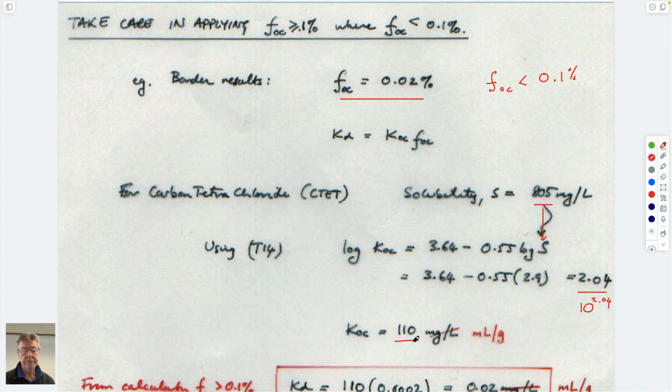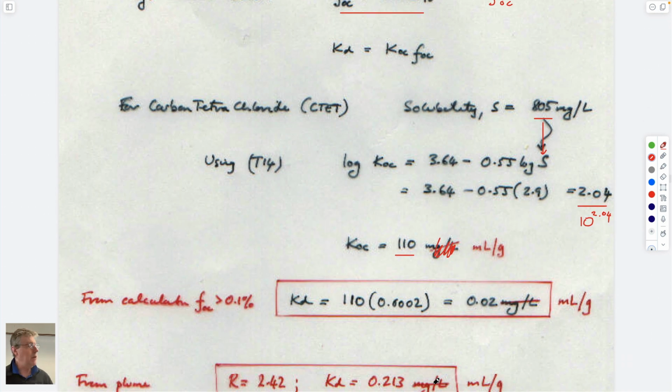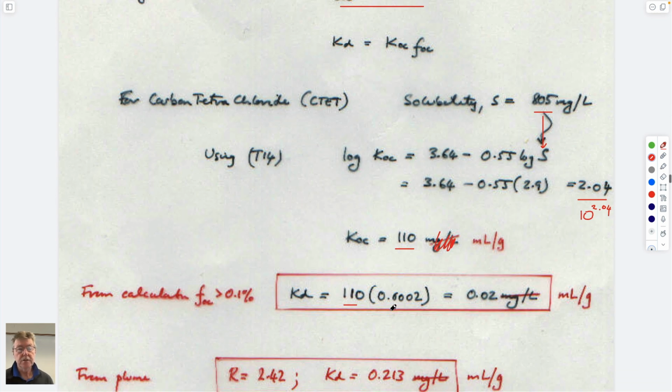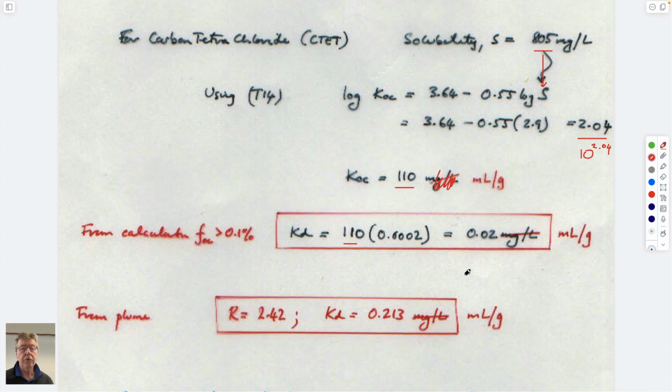If you take 10 to the 2.04, that is this. So yes, you have to be careful with your units, as I have been maybe in my past. So if you get that from this aquifer, the organic carbon partition coefficient is 110 milliliters per gram. If you take 110 and multiply it by 0.02%, which is 0.0002, as a decimal rather, then the value you get for Kd is equal to 0.02 milliliters per gram.